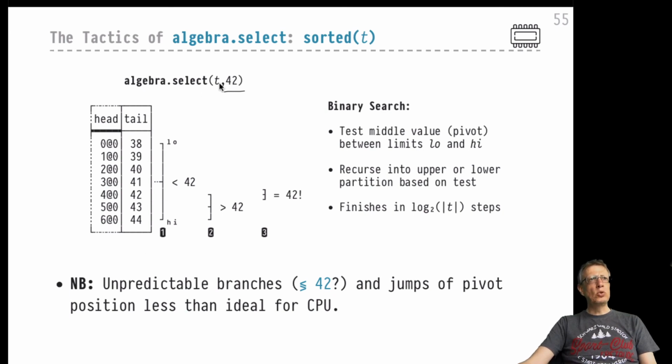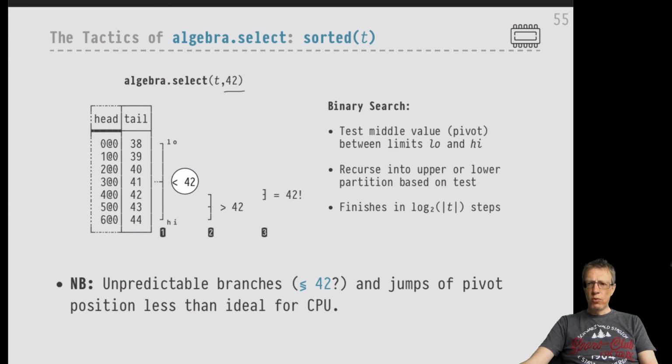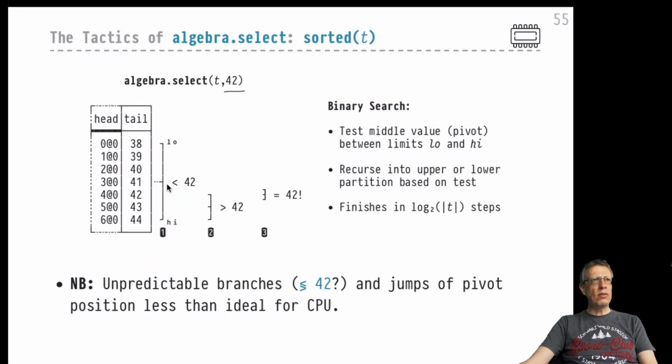Looking for the 42, we would just compute the pivot element, the element to compare with in the middle between the low and high element that we find in this particular column. That would be just the 41 here. We would compare the 41 with the value that we are searching for. 41 is less. So since the column is sorted, the value that we're looking for must be in this range below here.